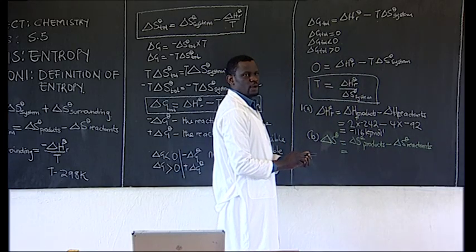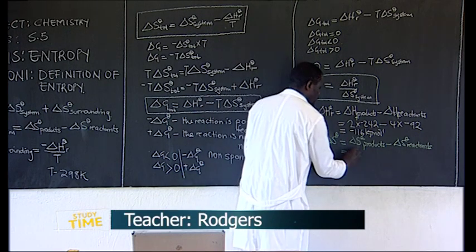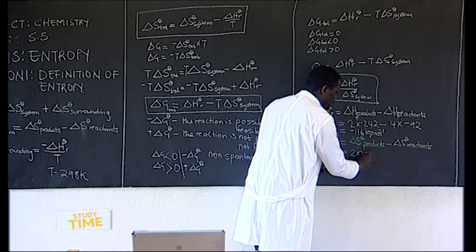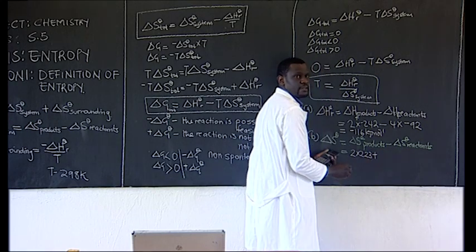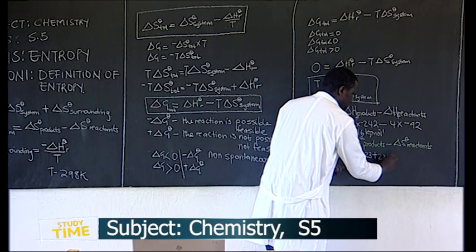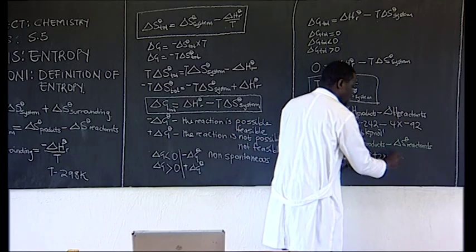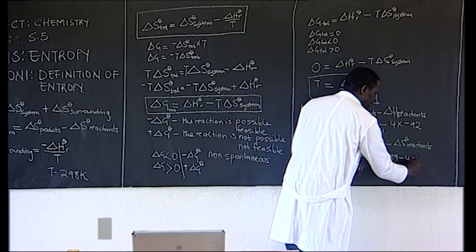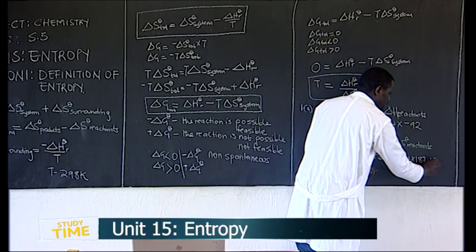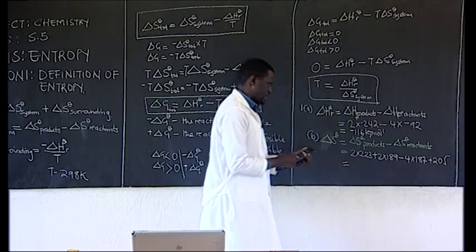So we're going to substitute very quickly. We say 2 times 223, plus 2 times 189, minus 4 times 187 plus 205. So we can say the randomness.